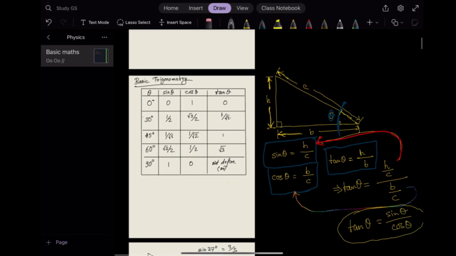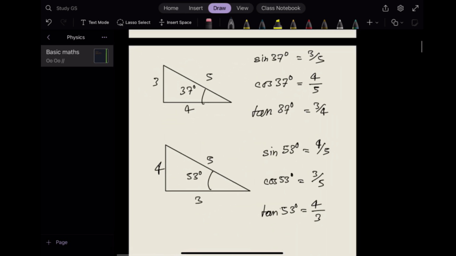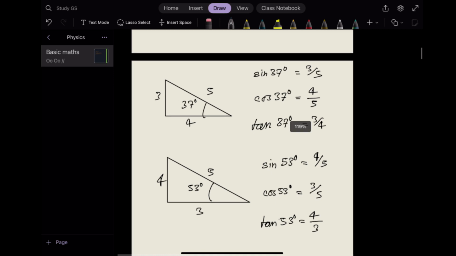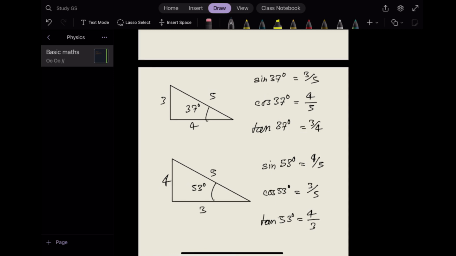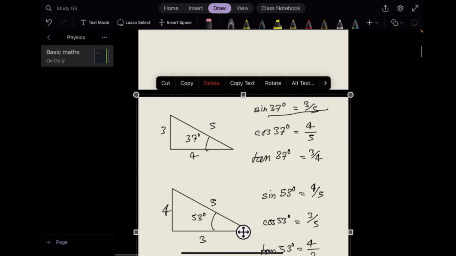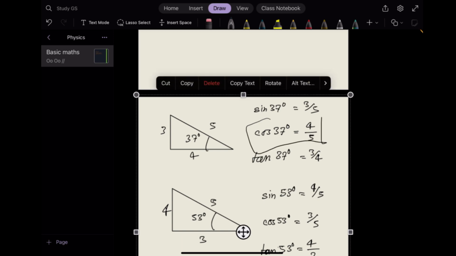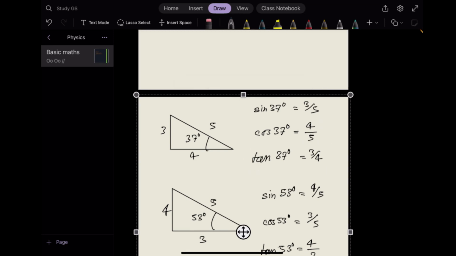So now let's move into something new. Here I have something for you. Just remember it as it is. I can show you a little trick to remember this entire thing. See here, sine 37 is 3 by 5, cos 37 is 4 by 5, tan 37 is 3 by 4.